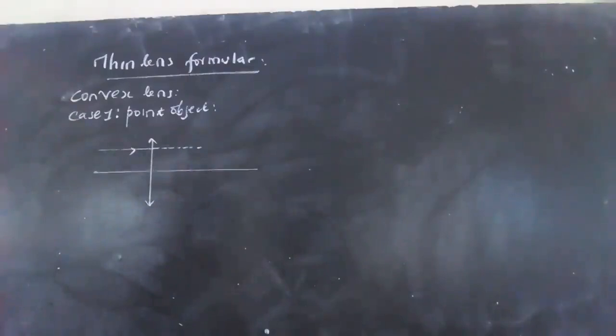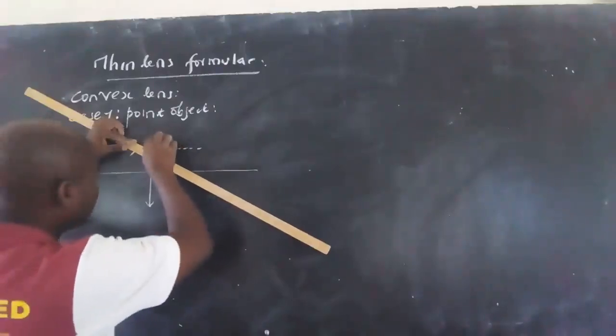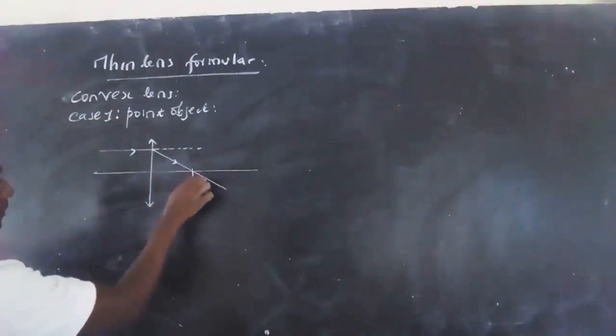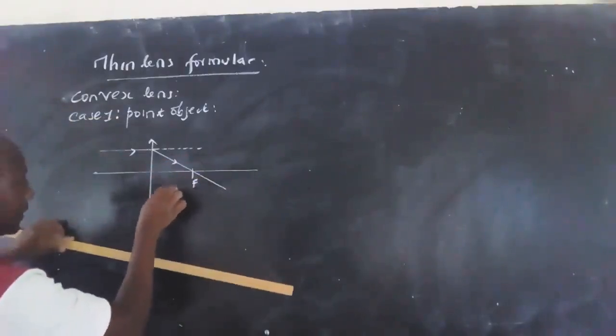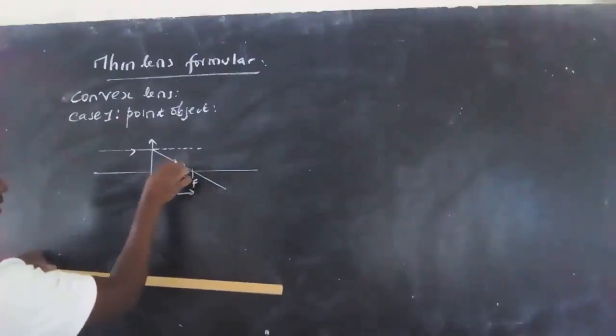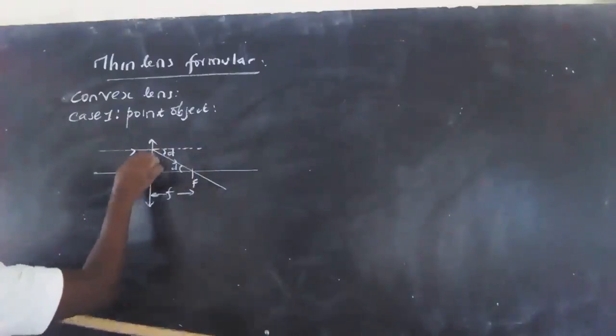Now, we said that a ray which is parallel to the principal axis, after refraction, passes through F. So we shall have our F on this side. This is our F, such that the distance from here is the focal length. And then this angle of deviation is here, which is the same as this angle, and this is h.